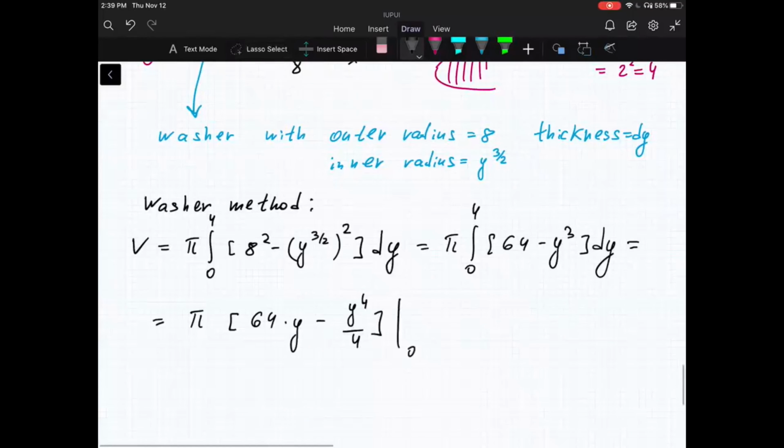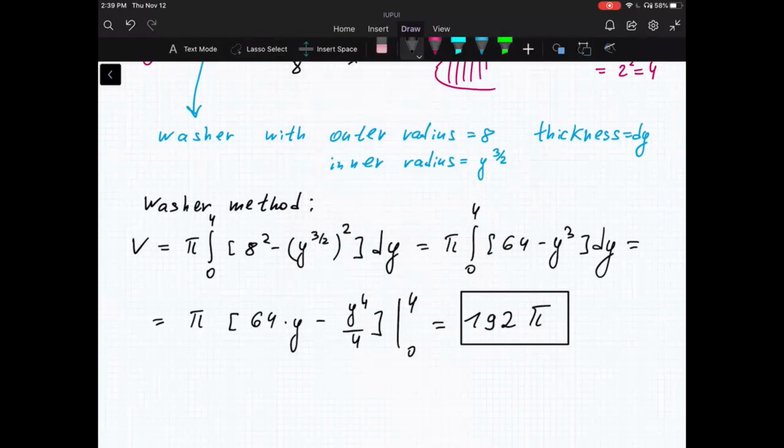If you substitute, you will obtain that it is 192π. Again, we can generalize the disk method and washer method in case when your function is given in terms of y and when you rotate around the y-axis.